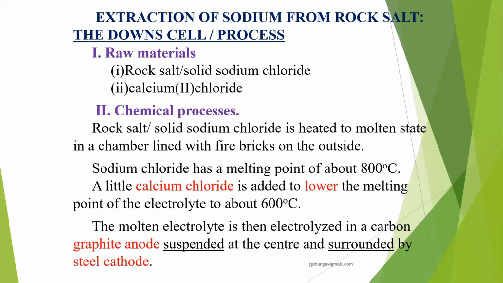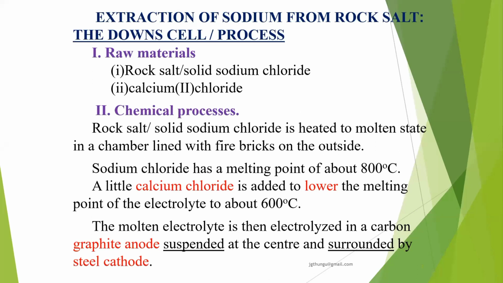Chloride. The chloride ions are going to be preferentially discharged at the anode. The chloride ions are negatively charged, and that means they are attracted toward the anode, which is positively charged.